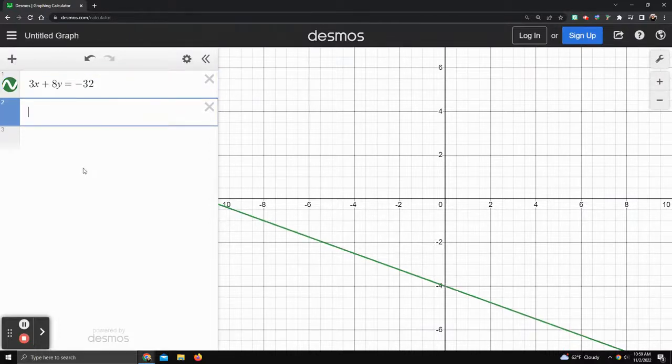Then I'll click on the second one and put in the second equation, 9x minus 2y equals -22. You can see that we now have a purple line with the green one. If I hover over that intersection point, this is really nice because it gives us the intersection point even though they are decimals. Let's go back to our note sheet and draw our sketch and write our solution.